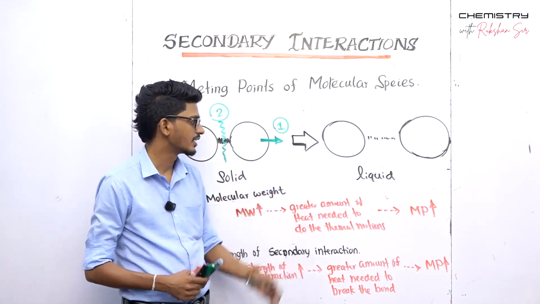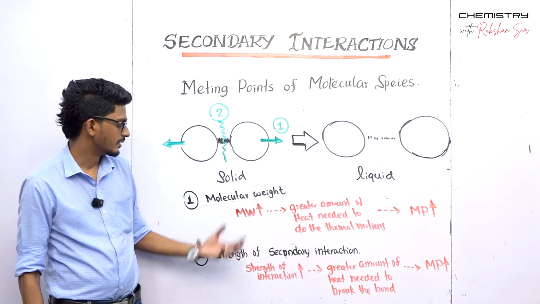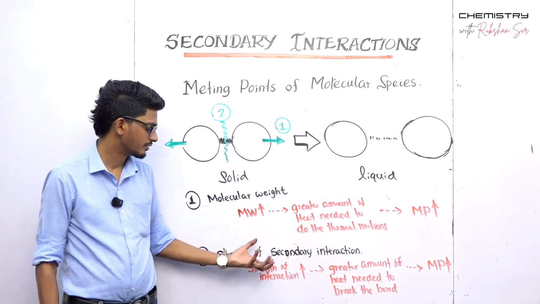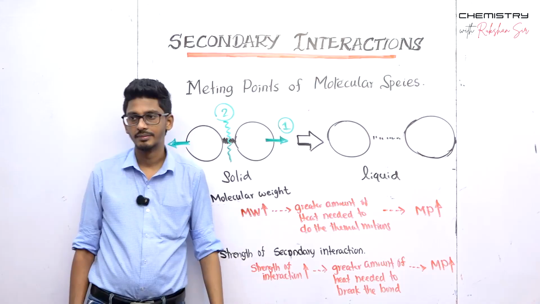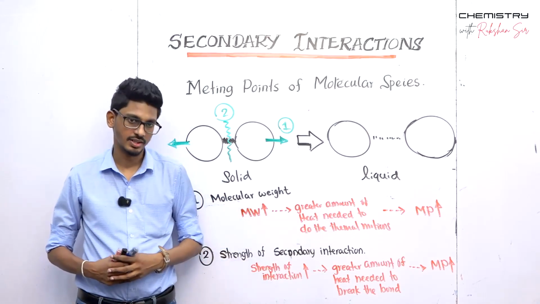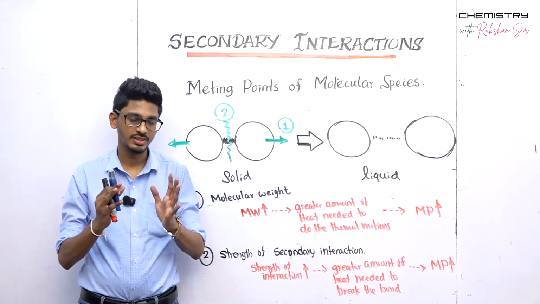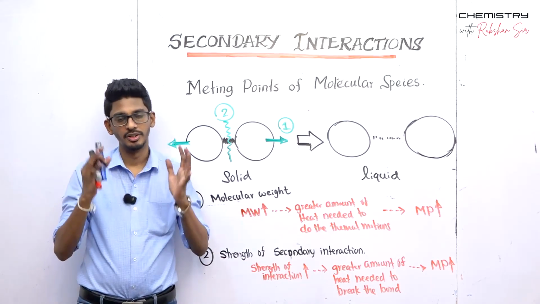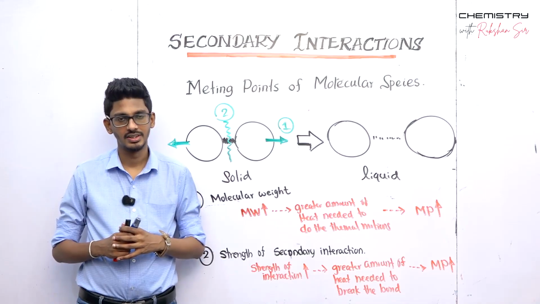It is the same scenario, right? When the molecular weight is high, your melting points and boiling points are high. And the second thing is when the strength of interactions between the particles is high, your melting points or boiling points are high, right? Those are the two things that govern the melting points and boiling points of molecular species.